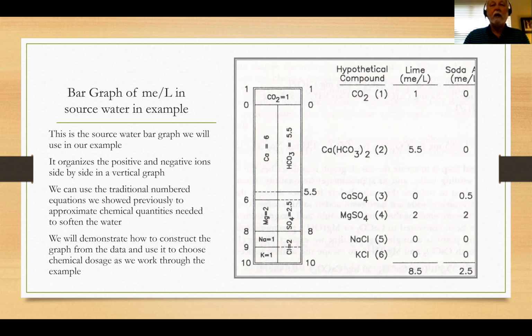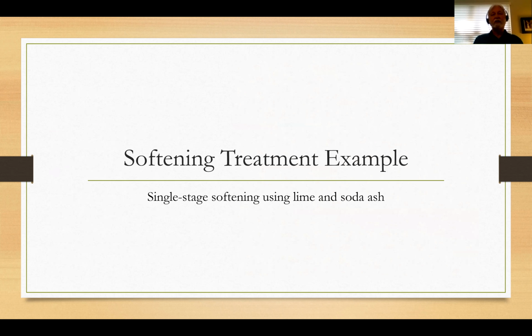We've got 1 milliequivalent per liter of potassium chloride, don't care, not hardness. Add up all my lime milliequivalents per liter. I've got 8.5 milliequivalents per liter of lime and 2.5 milliequivalents per liter of soda ash to fully soften this water. Okay, and I'll explain in the next slide and beyond what we mean by fully softening.